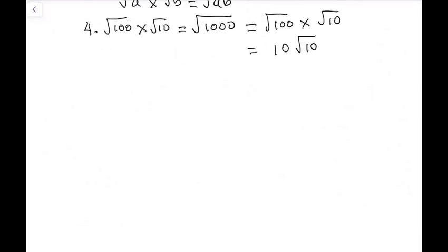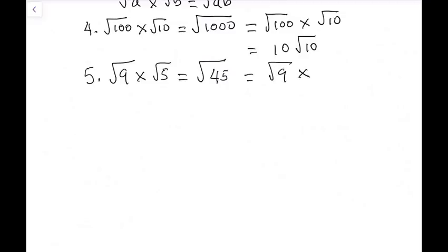For question number 5, we have square root of 9 and square root of 5, and that gives us 9 times 5, square root of 45. And if we break this further, square root of 9 is 3, and square root of 5 is an irrational number, so that will be 3 root 5.